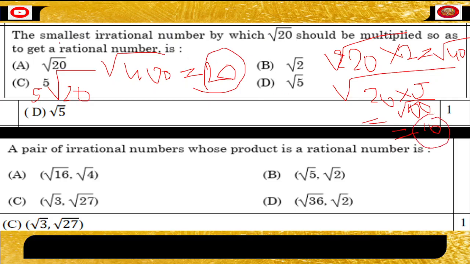They asked for the smallest irrational number by which root 20 should be multiplied to get a rational number, so the smallest number is root 5. Option D is the right answer.